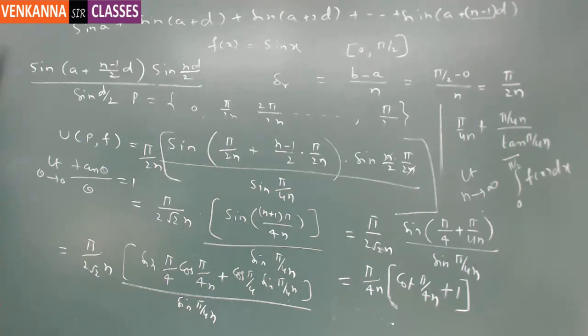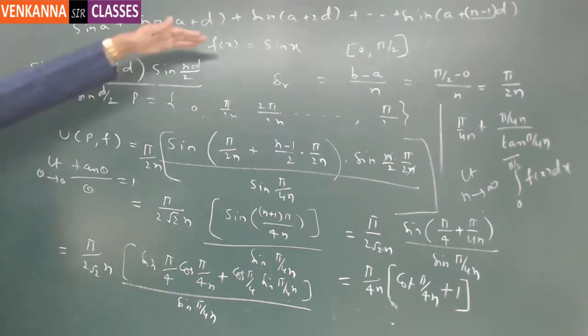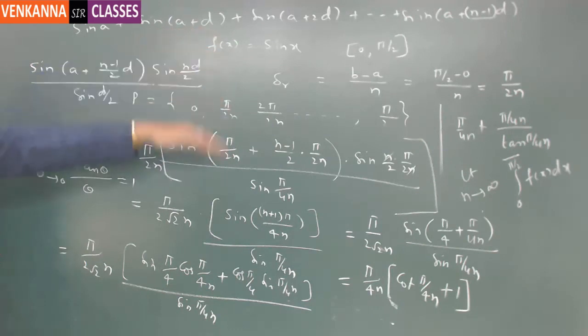Please tell. So if you apply limit n tends to infinity, the upper integral is nothing but 1. Accepted? Similarly, if you calculate the lower integral, the same steps will come, the same formula you are going to use.